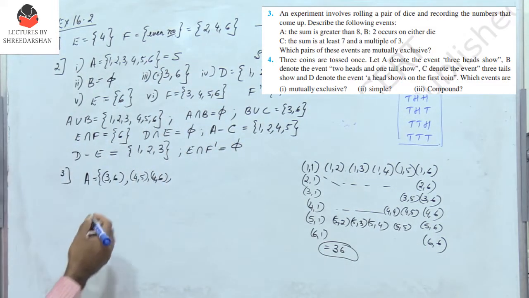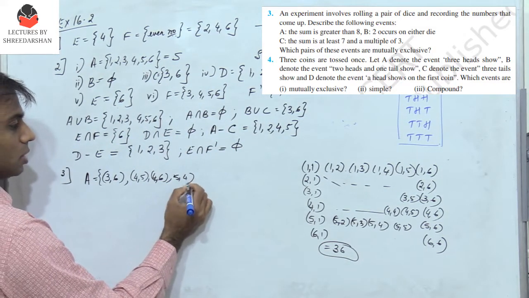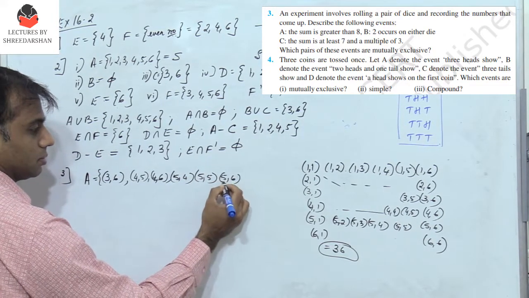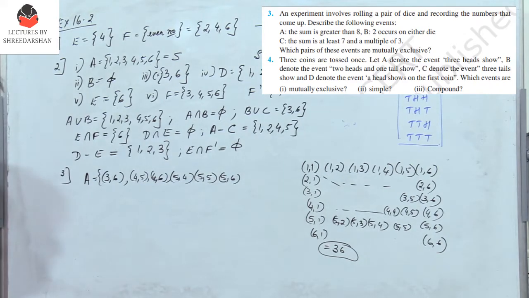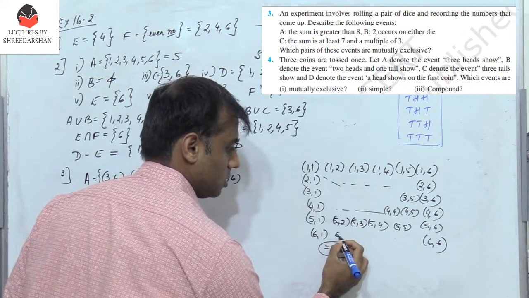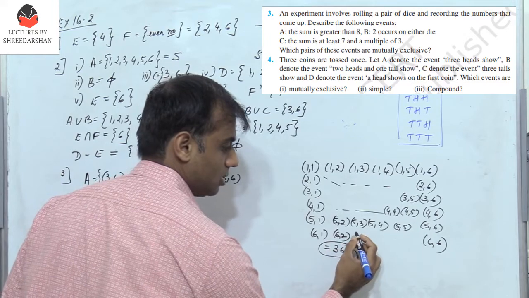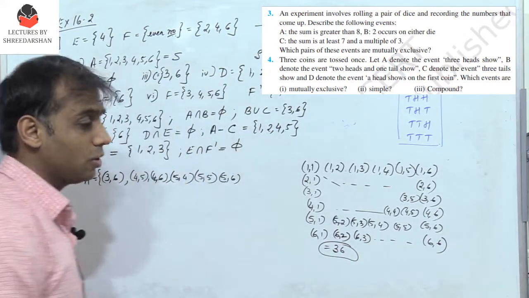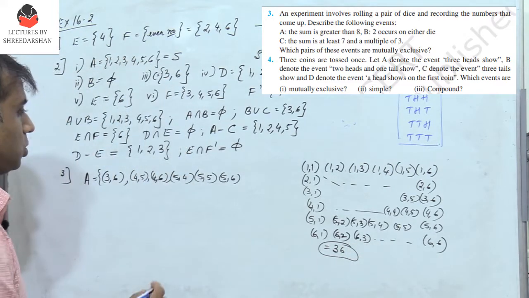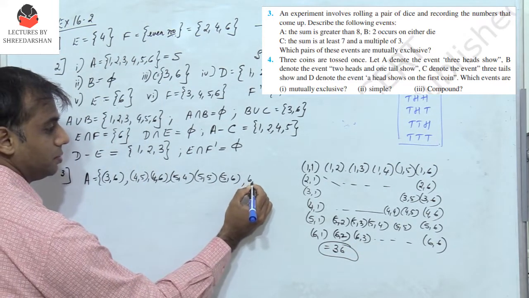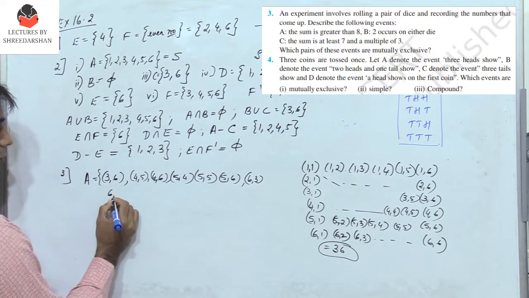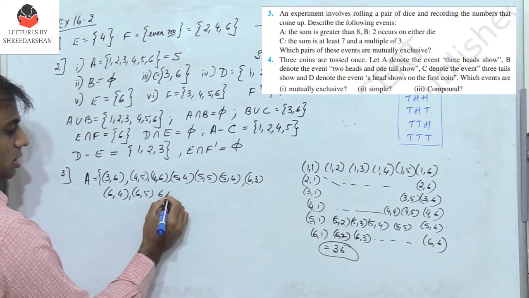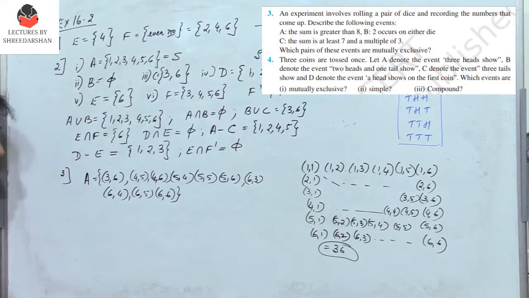So I have (5,4), (5,5) and (5,6). And in the last row, greater than 8: (6,2) is 8. So I have (6,3), (6,4), (6,5) and (6,6). All of them are greater than 8, isn't it? So they are all greater than 8.